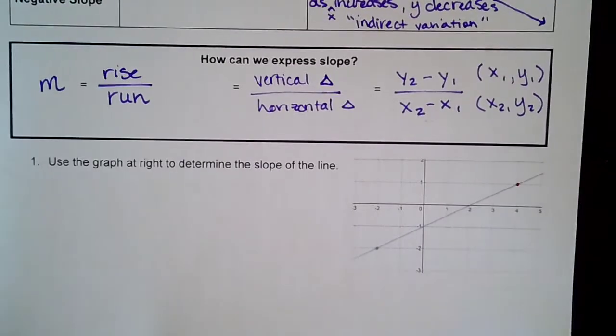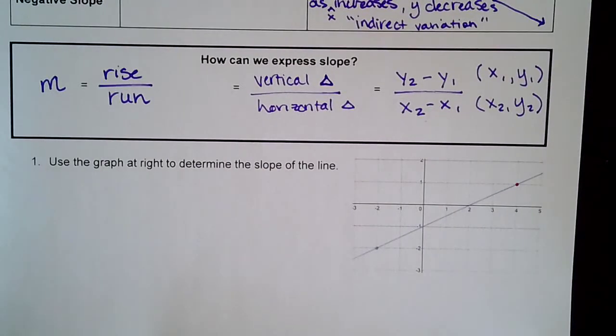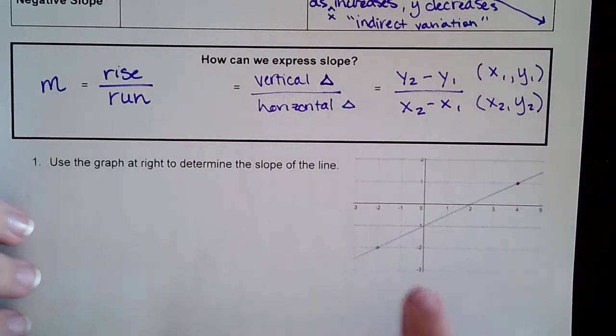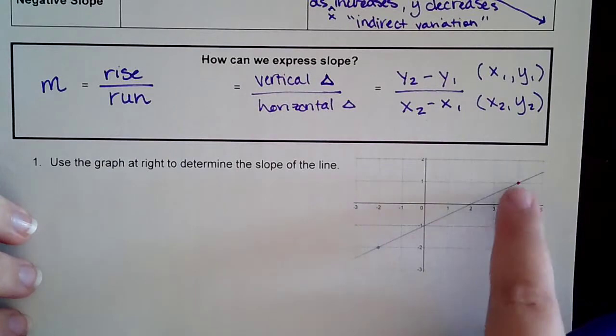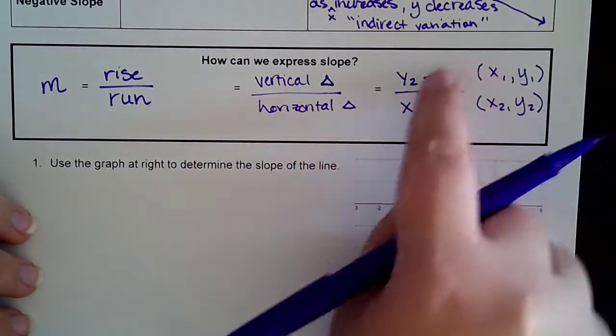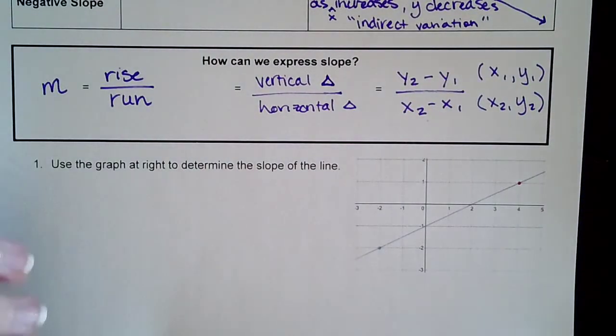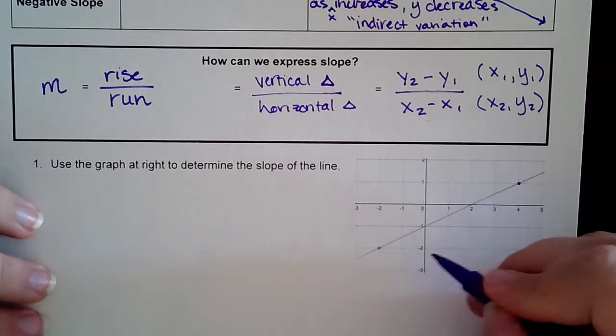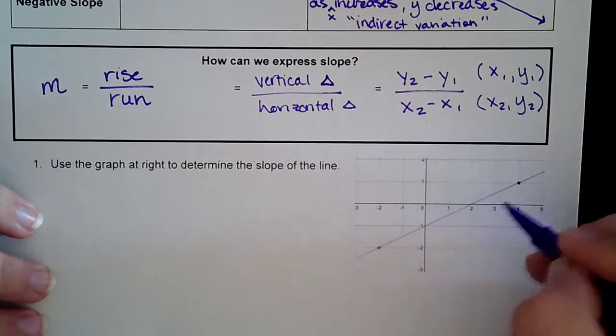The first example says use the graph at right to determine the slope of a line. Well, the first thing I would say is that I could either find these coordinates and use my formula, or what I like to do when I have a graph is figure out what the rise and run are visually. So if you look here, each of these goes by 1.